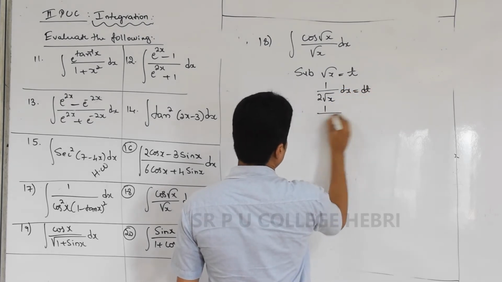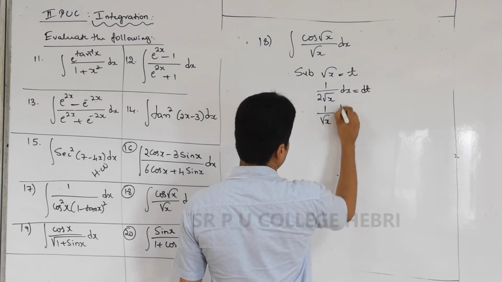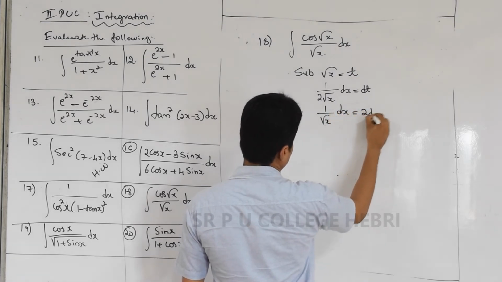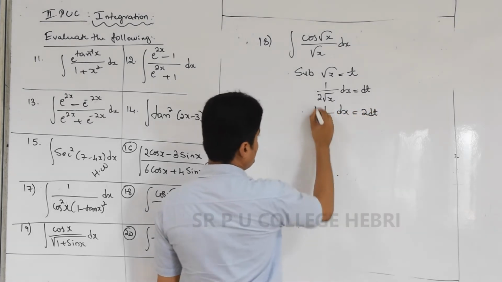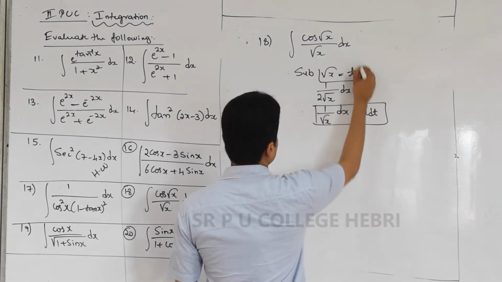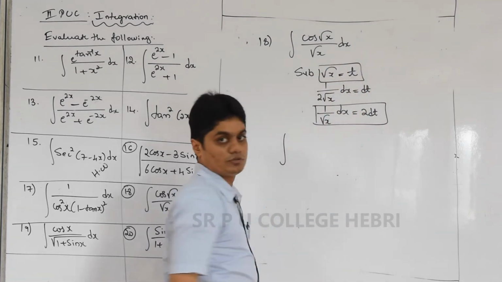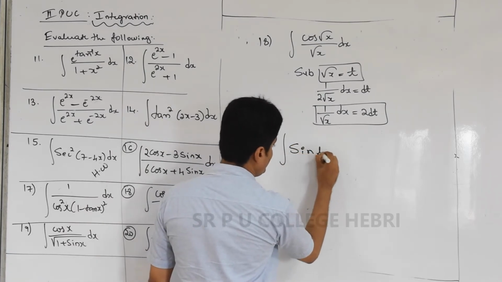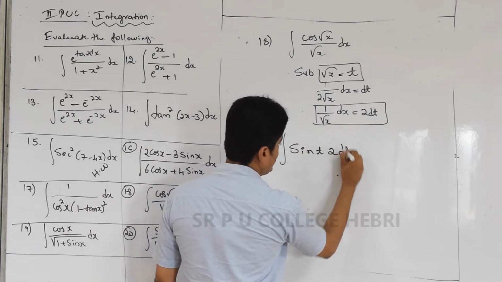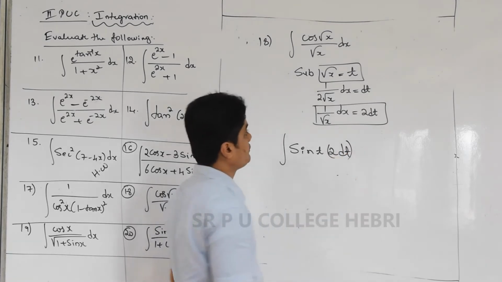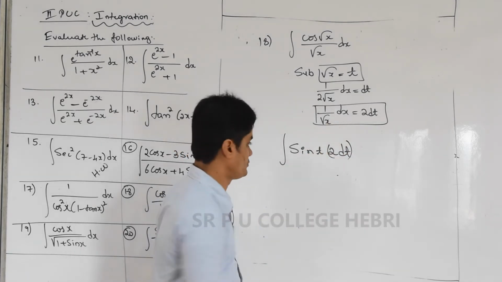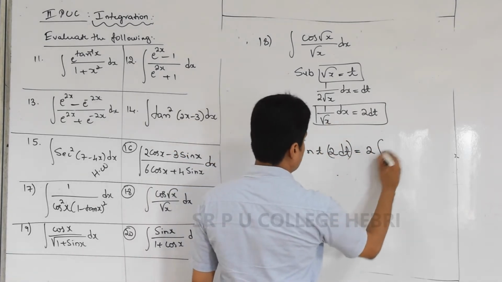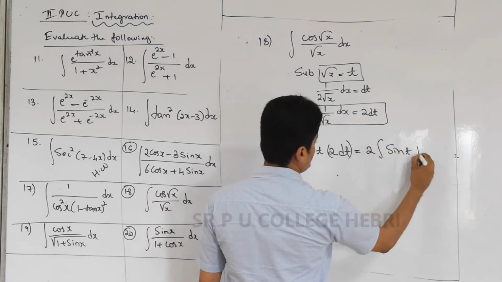But we need only 1 by root x into dx is equal to 2 dt, correct? Yes, now use this in the given problem. So what will happen, tell me? Yeah, it is only sin t, 2 dt. 1 by root x dx I know is 2 dt, so this is nothing but 2 times sin t dt.